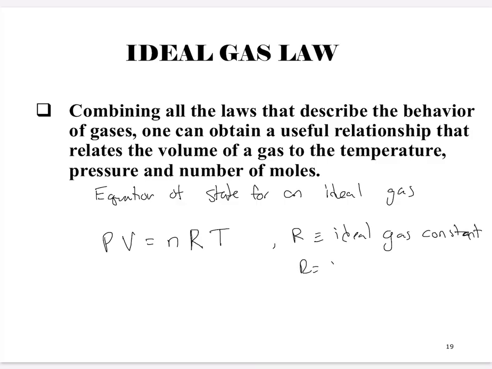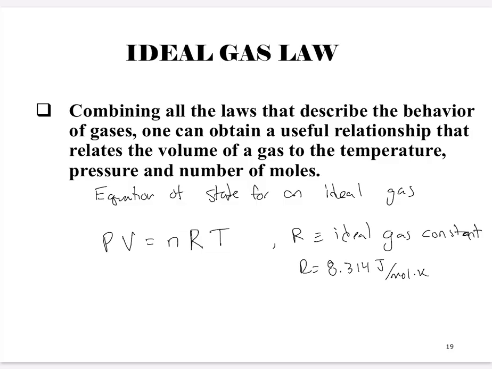And it's equal to 8.314 joules per mole Kelvin, or you can convert it into units of liter atmospheres per mole Kelvin. This is just how the pressure and volume change as the number of moles and temperature of a system change, right?